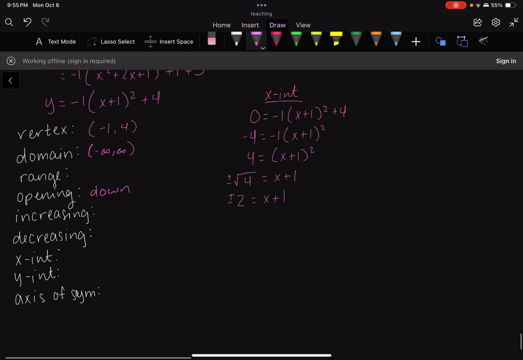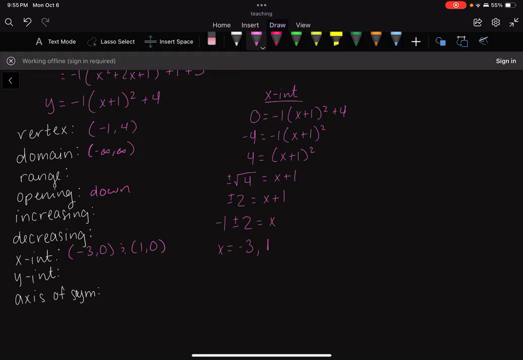So when I subtract the 1 from the other side, I get -1 plus or minus 2 equals x. Well, -1 minus 2 is -3. -1 plus 2 would be 1. So for my x-intercepts, I get the points (-3, 0) and (1, 0). Remember, the y value is 0, and I'm writing them as points.